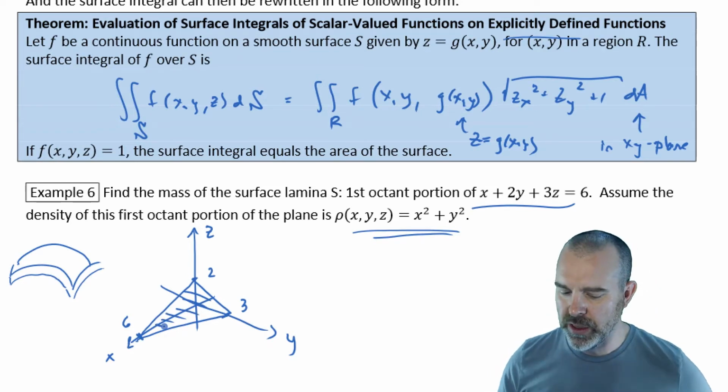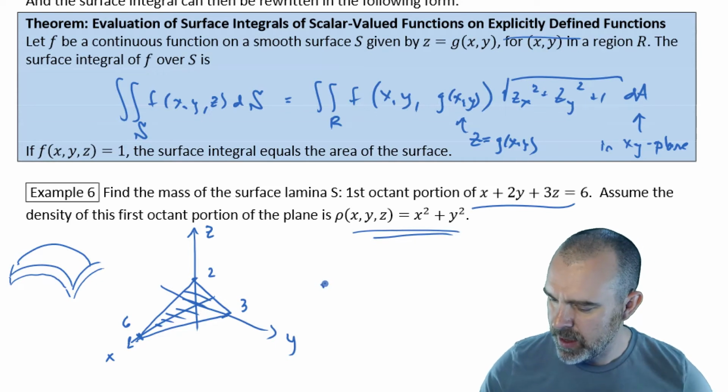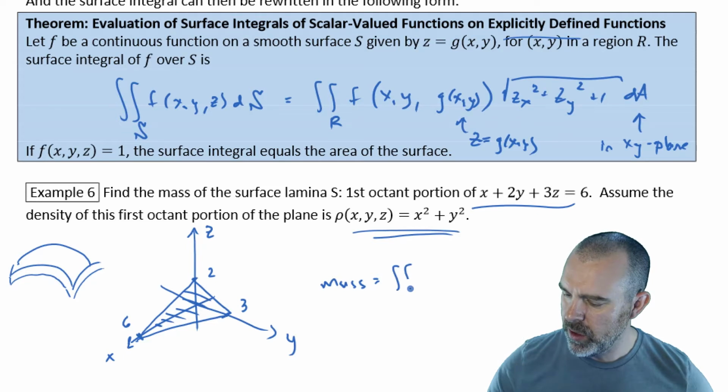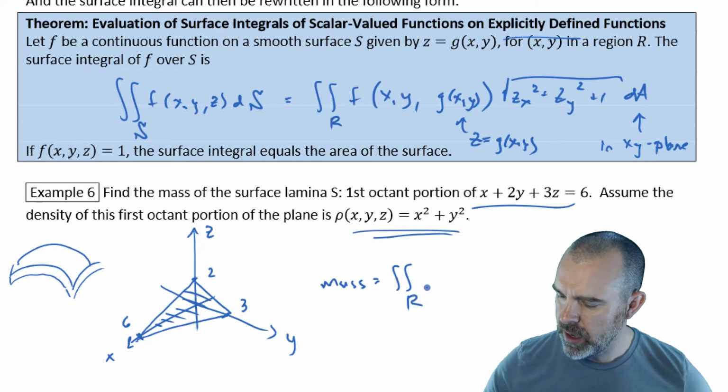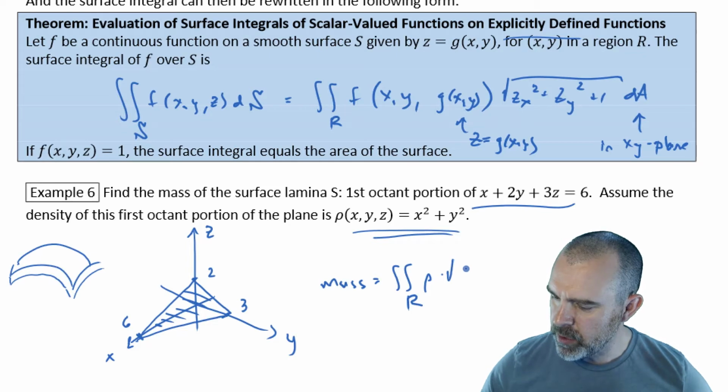It's just the portion in the first octant. The mass will be the double integral over the region of our rho function times the square root of the partial derivative of z with respect to x squared plus the partial derivative of z with respect to y squared plus 1 dA.